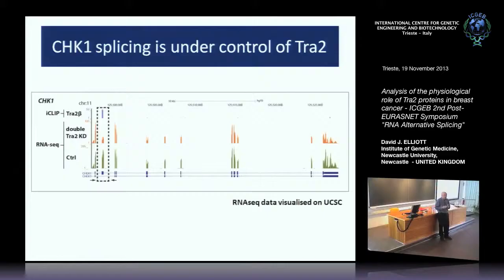In fact, this exon in CHEK1 is an exception because this is actually an exon which is situated within an absolutely critical domain. CHEK1 encodes a serine threonine kinase, and this exon encodes part of the kinase domain, so it's an important exon.